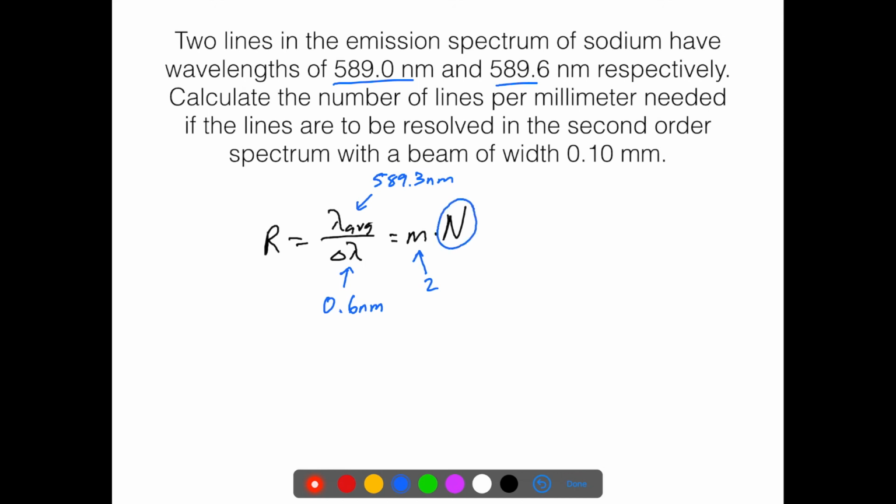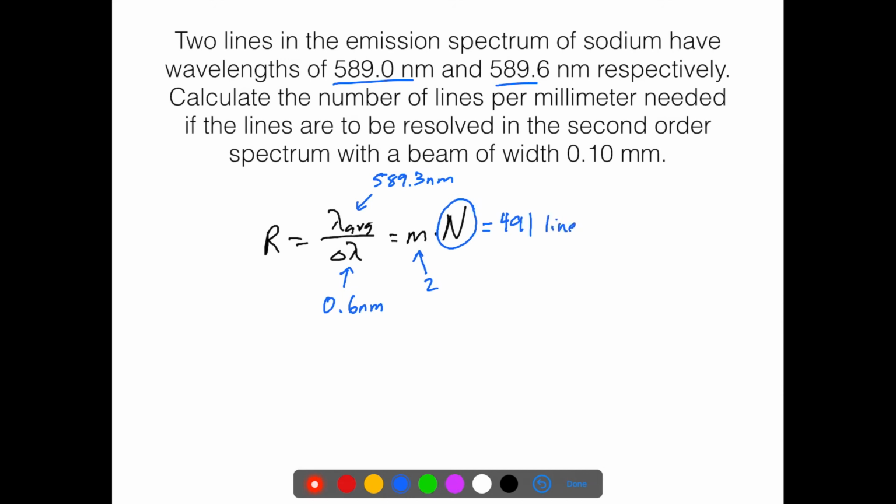And then we're supposed to calculate the number of lines. So let's get that first, and we'll figure out where we need to go from there. And I get that the number of lines illuminated needs to be equal to 491. Just going to use 3 sig figs here, that's fine.